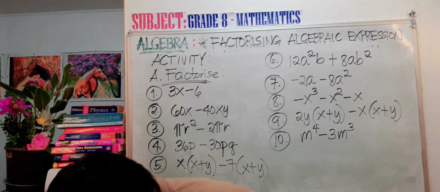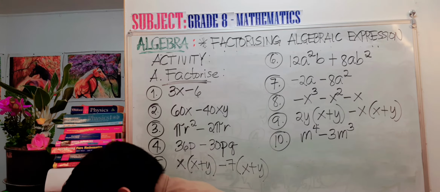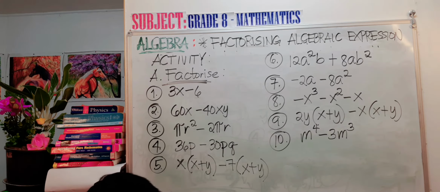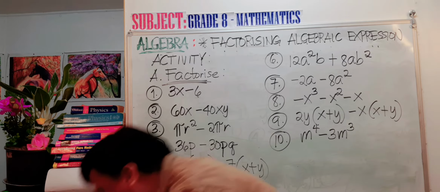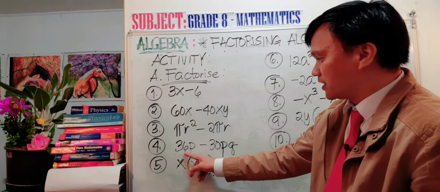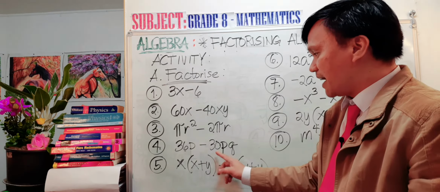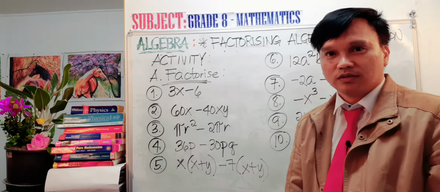Next, let's proceed to question number 4. Question number 4 is 36p minus 30pq.